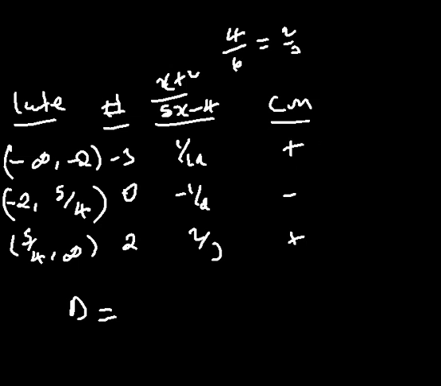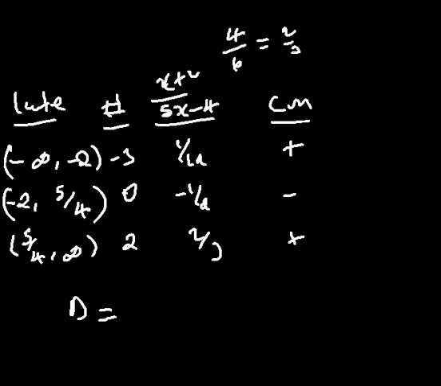But now, on the domain, we should understand that the key values that have been solved from the denominator should not be part of the interval, because upon substituting them in the denominator, the function will be undefined. For instance, if we substitute 5 over 4 here, we'll have 0 in the denominator.